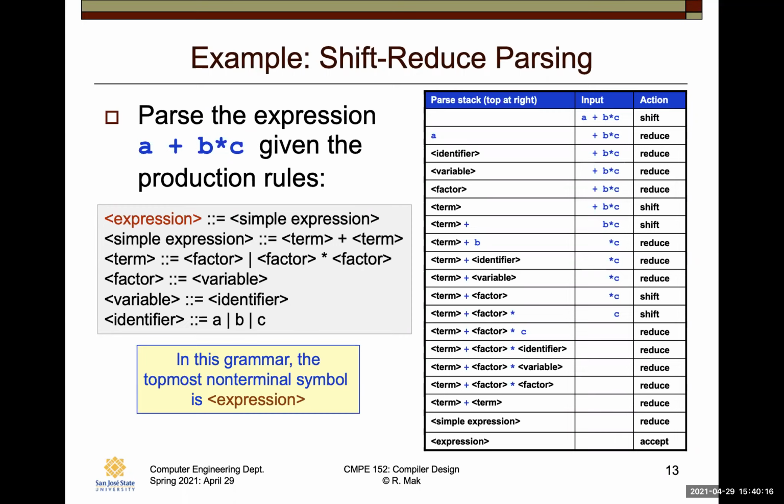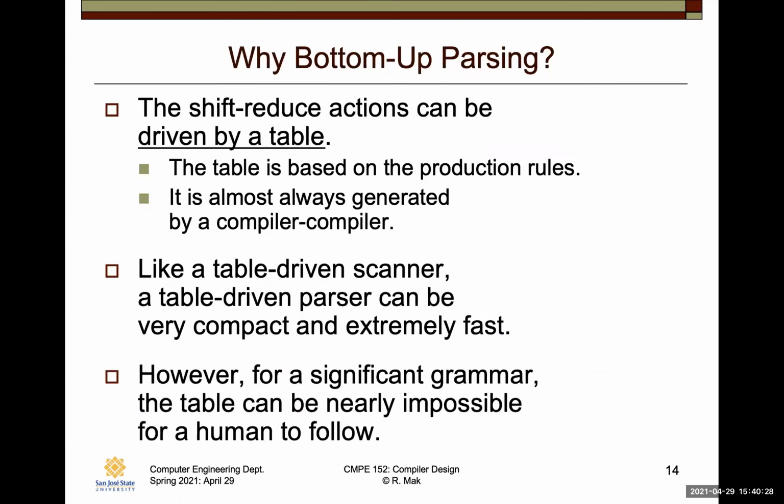Now you know that ANTLR generates a top-down parser. There are other tools that will generate a bottom-up parser and it will create that table. As I said, everything can be done with a table. The parser becomes much smaller and much faster.